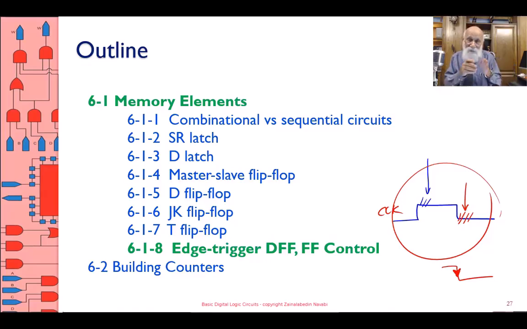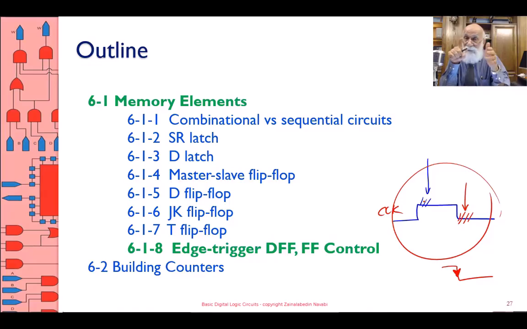This is a level that requires at one time the clock to be 1 so that the input goes halfway, and then clock to be 0 so it goes the other half. If we say it's an edge trigger, it doesn't really mean it's an edge trigger. After the edge, the output is affected. That's true.